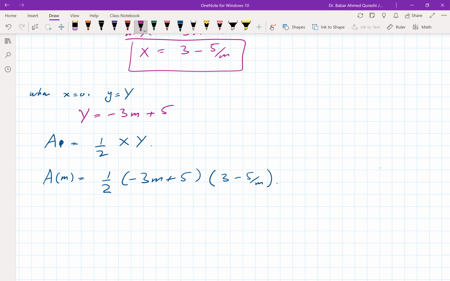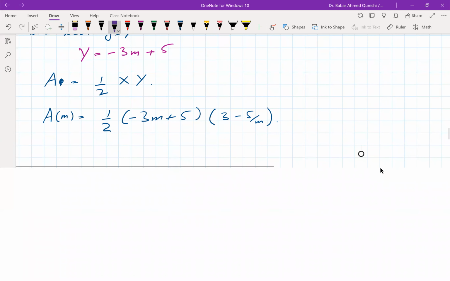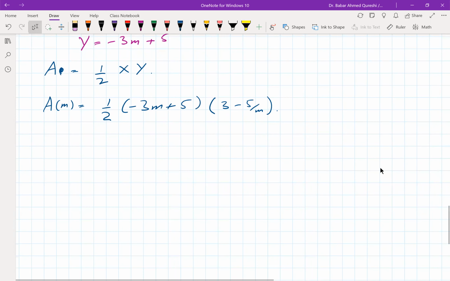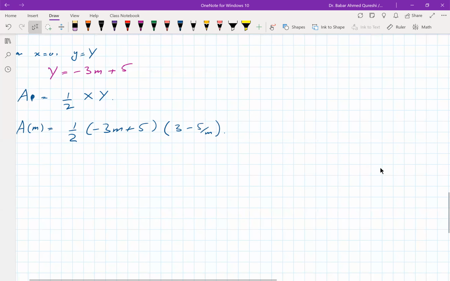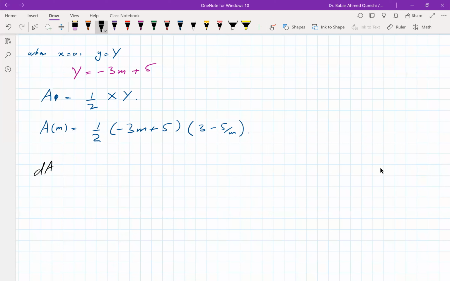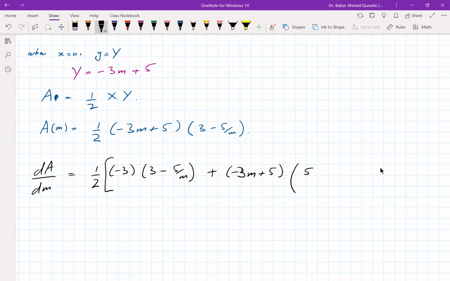So if I compute the extrema, the derivative is minus 3 times 3 minus 5 over m plus minus 3m plus 5 over m square, right?